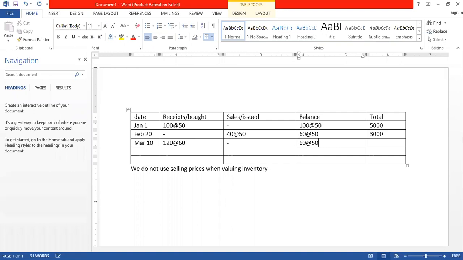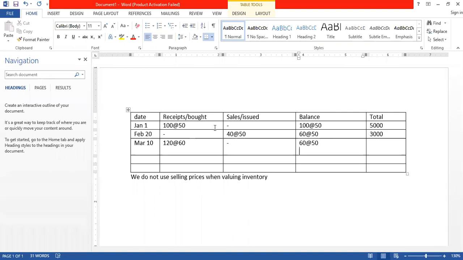And then from there, that's when you record your new balance, or your new stock that came into the business. So you will have 120 at the price of $60.